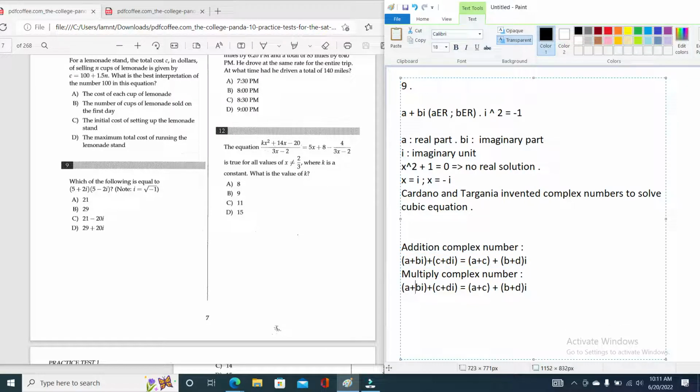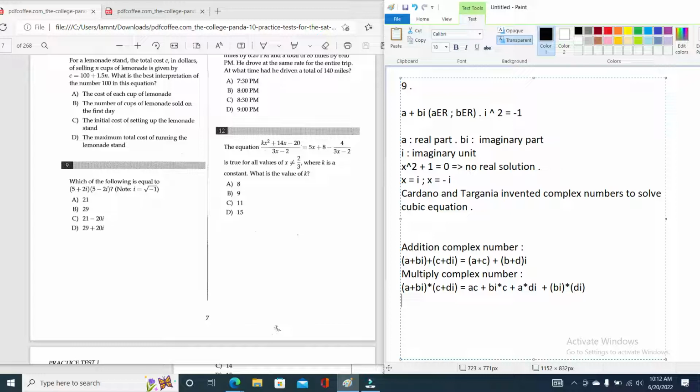We change the operation to multiplication, so we multiply as we multiply normal real numbers. a times c is ac, bi times c is bci. We're just using the distributive rule. a times di is adi, and finally we have bi times di. This part we'll take care of later.